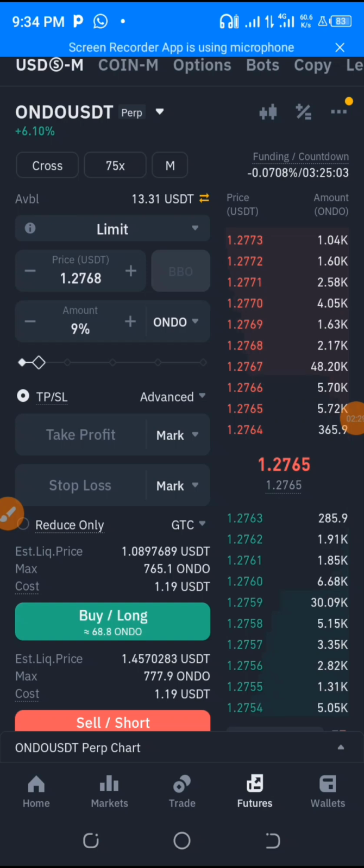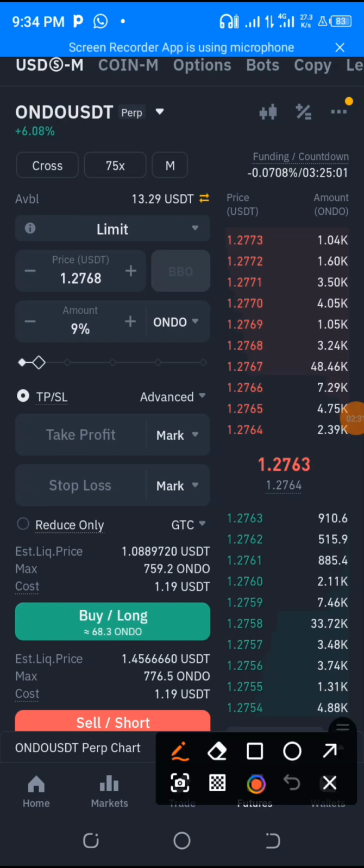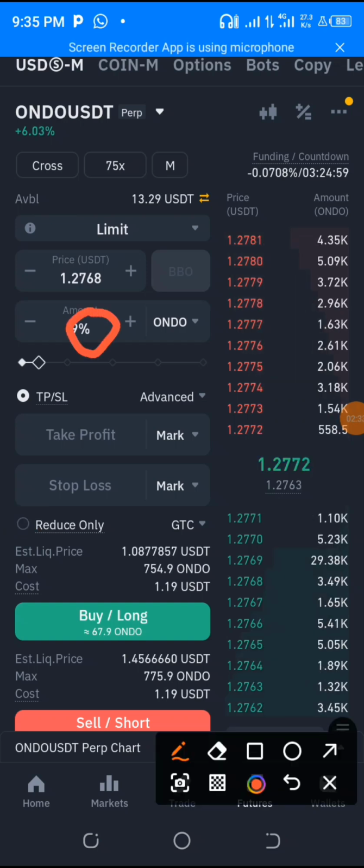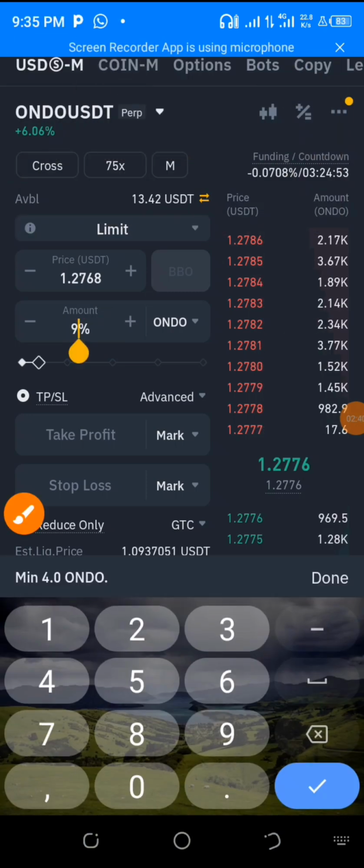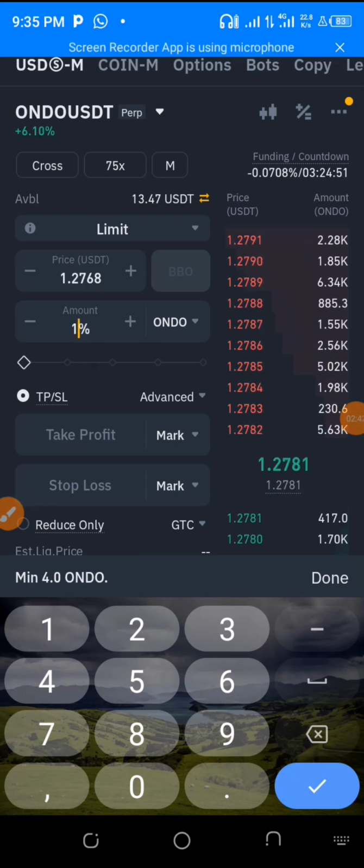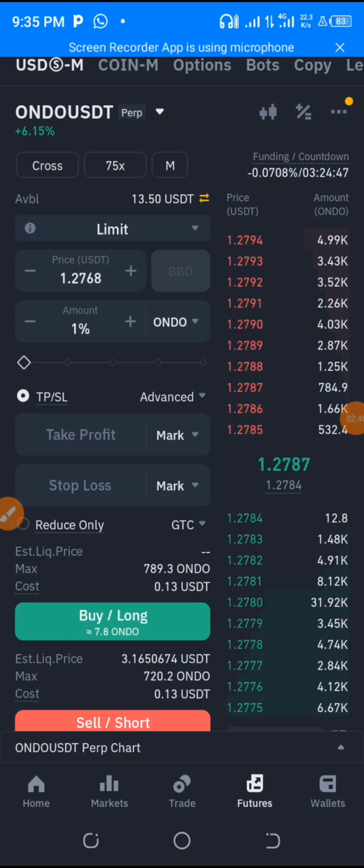In order to put it at 1, you can click here and edit it to 1%. So that is it. 1% of 13 point something gives us an amount of 0.13 cents. That is 1% of our capital, and that is what we are expected to use for this trade.